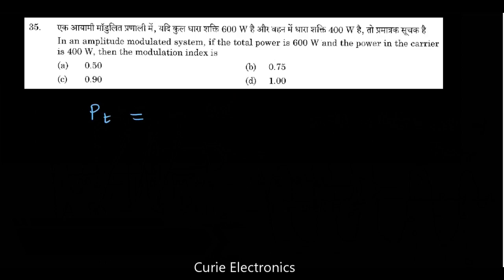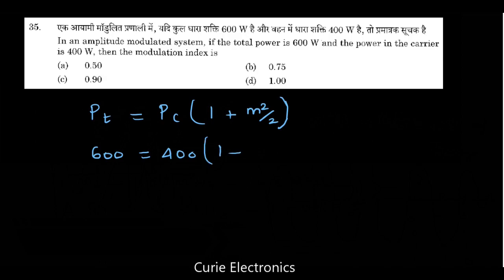Total power in AM, PT equals PC multiplied by 1 plus M square by 2. He has given the total power, 600 watt. So 600 equals PC, the carrier power, 400, times 1 plus M square by 2, which we have to find.